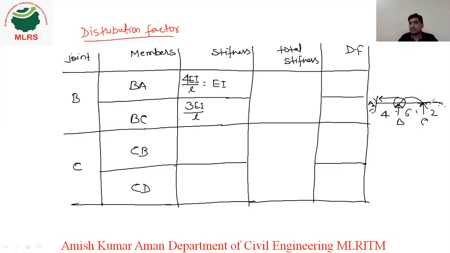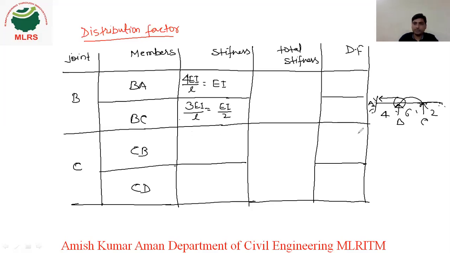So this is the last support. Far end is hinged, so hinged means 3EI upon L. If there would be a support here also, so this support will be continuous. Then we will apply the formula 4EI upon L. So 3EI upon L and L value is 6. So it is EI upon 2.